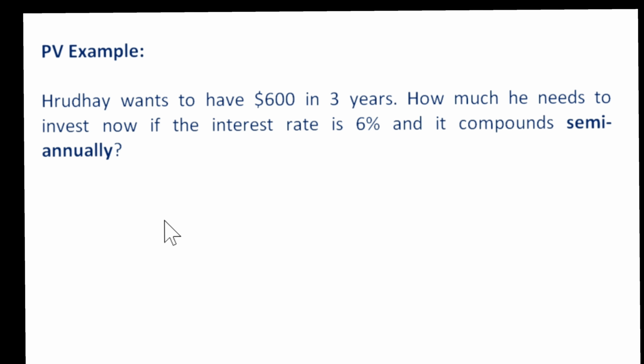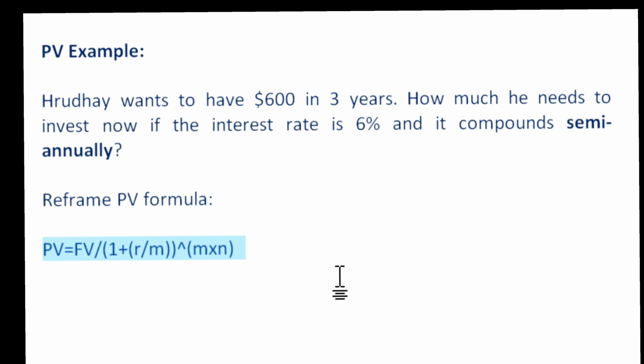Here use the present value formula. PV is present value, FV is future value, R is annual interest rate, M is number of compounding periods per year, N is number of years, 3.